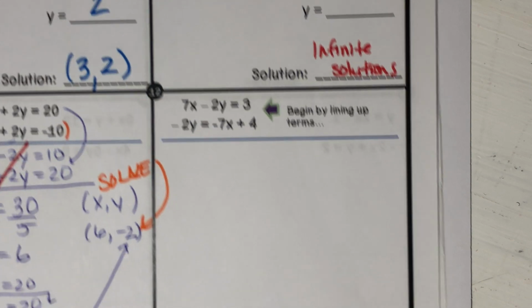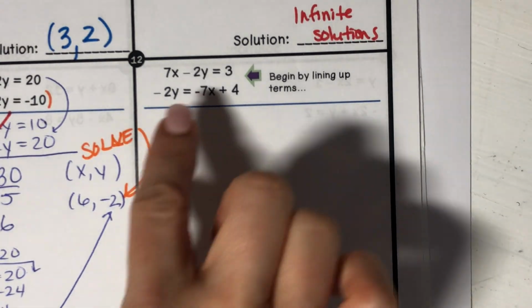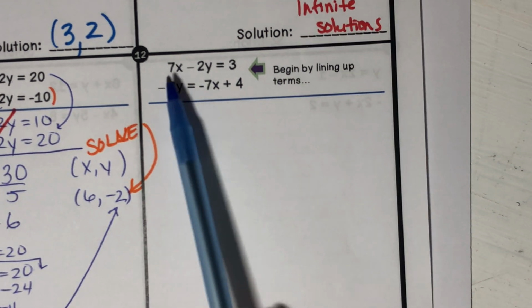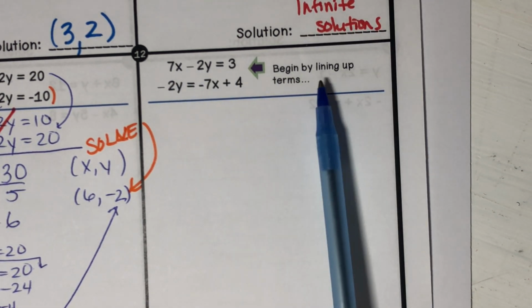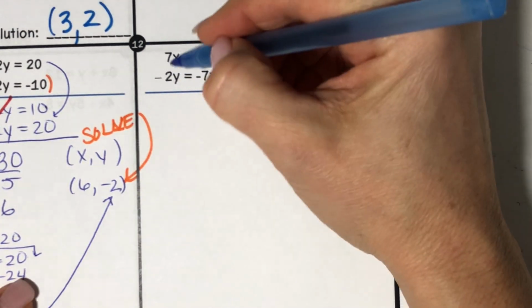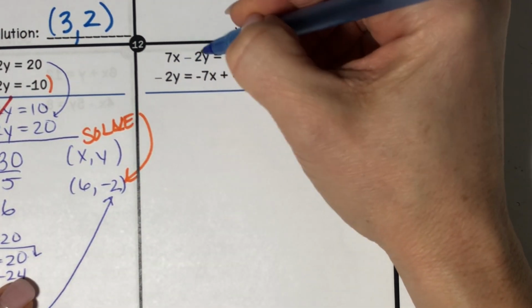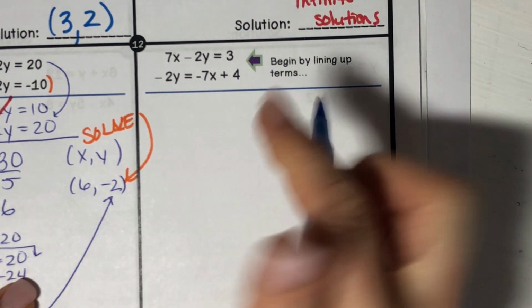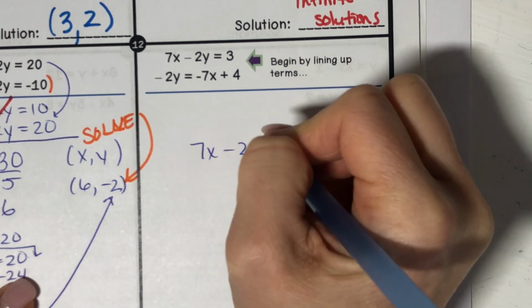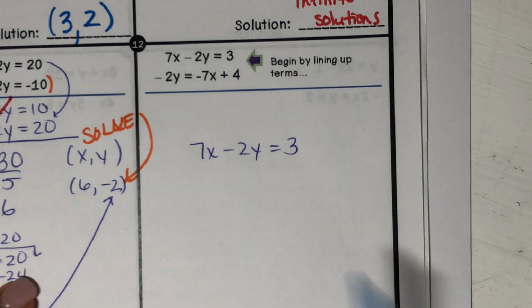And a couple things are going to happen here. First thing, you're looking at it and you're saying, well, it's all out of whack because they're not lined up. There's two terms on the left. So you have to line your terms up first. So let's do that. This first equation looks okay. I have my x term, my y term. So I'm going to save a little bit of room right here. But let's put my x term here. I'm just recopying this top equation.